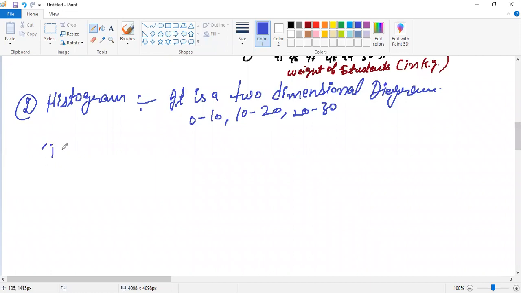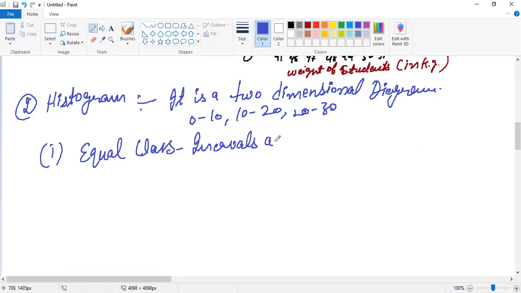First is equal class intervals. When equal class intervals are given, in some cases we draw a histogram. The first case is when equal class intervals are given. The second case is when unequal class intervals are given.